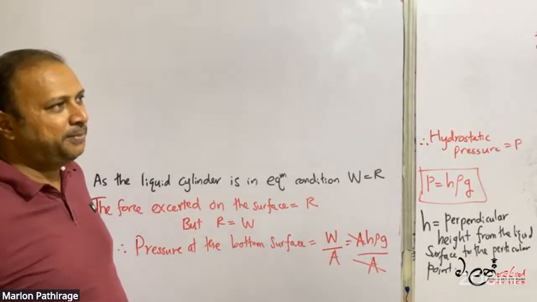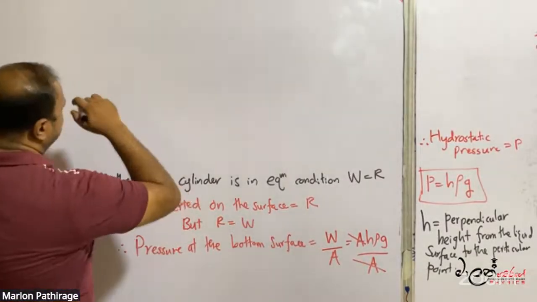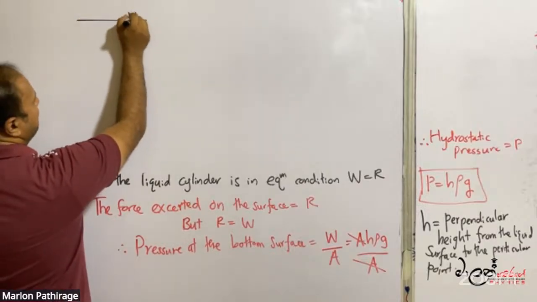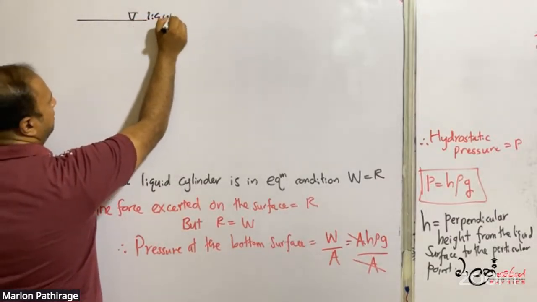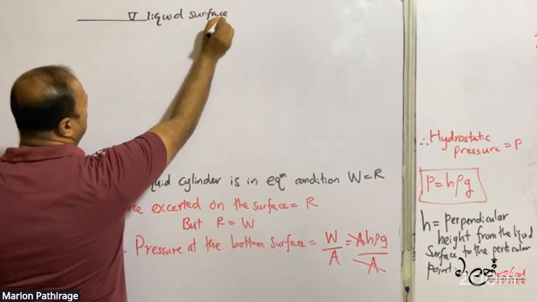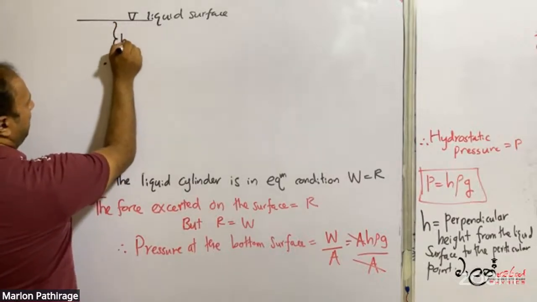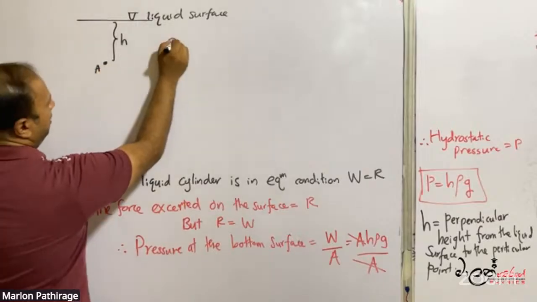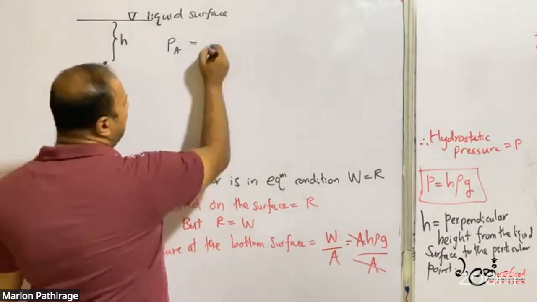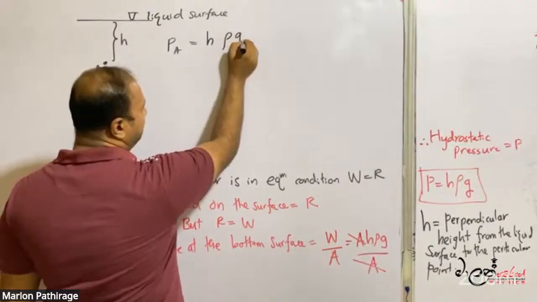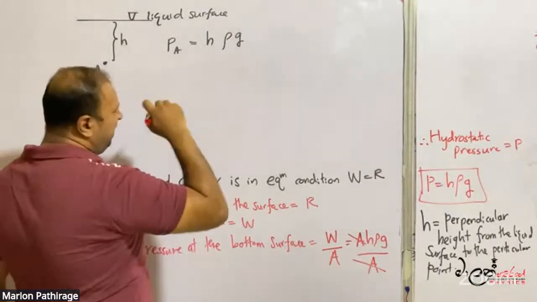Characteristic of hydrostatic pressure. If this is the surface, and suppose this is the perpendicular height, then the hydrostatic pressure at point A is equal to h rho g.